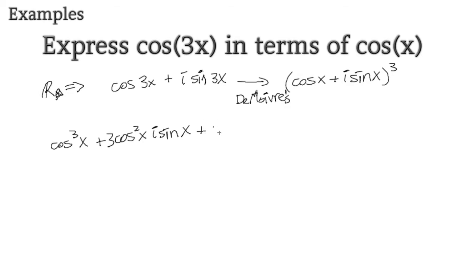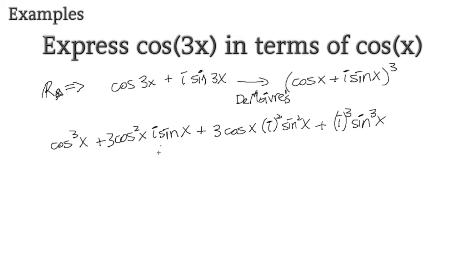Add 3 cosine x i squared sine squared x, then add finally i cubed sine cubed x. This is the expression of this whole thing.